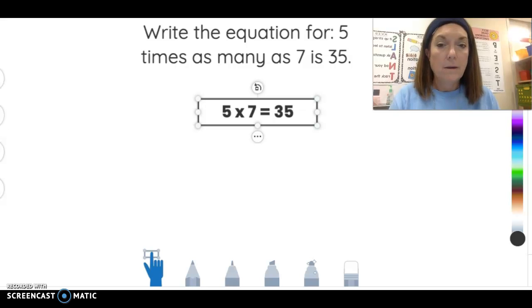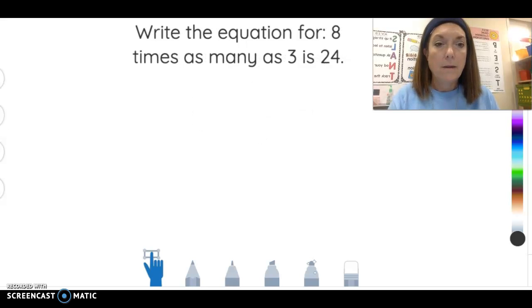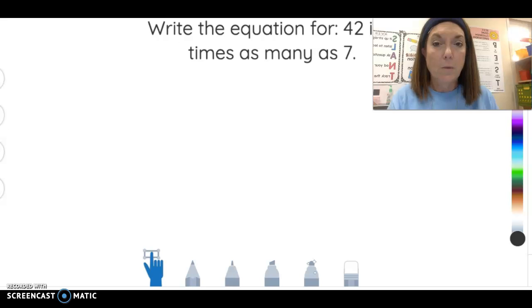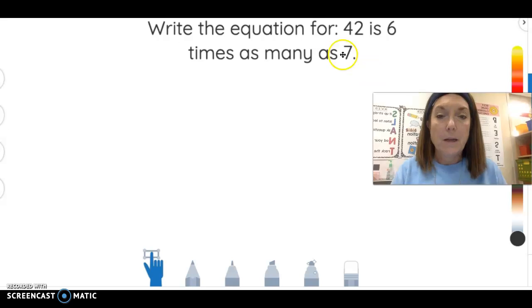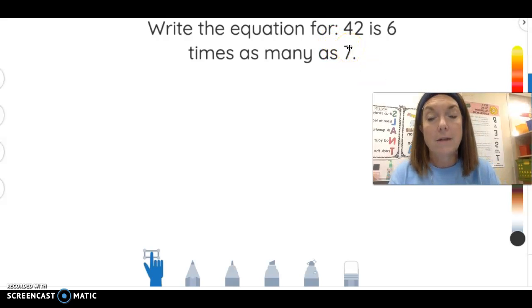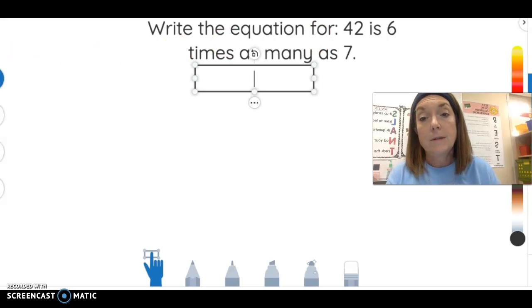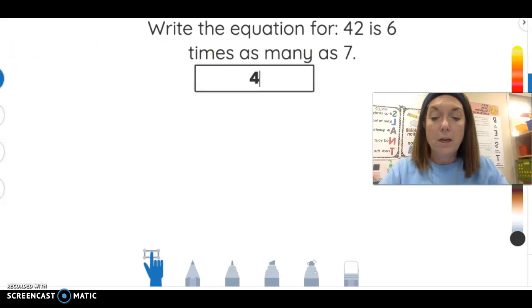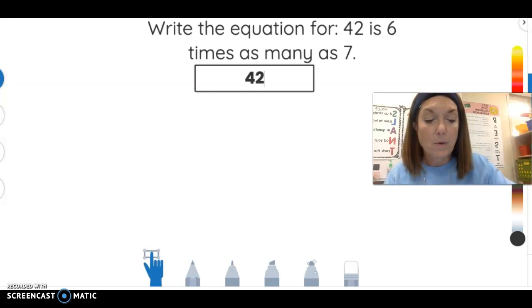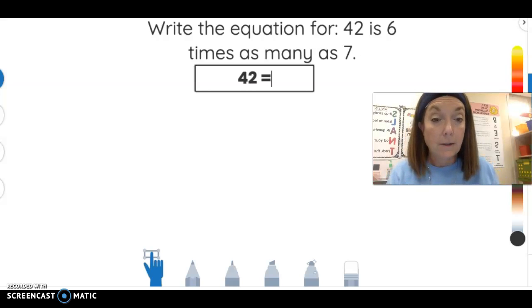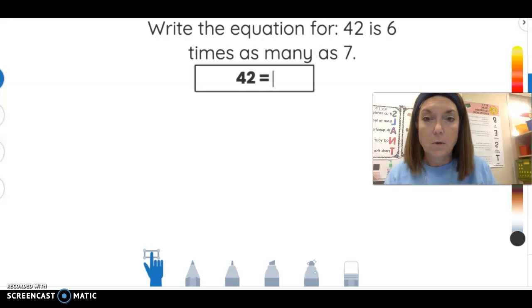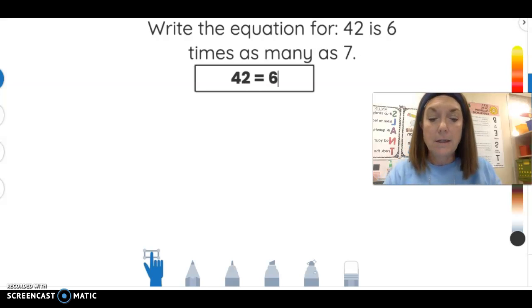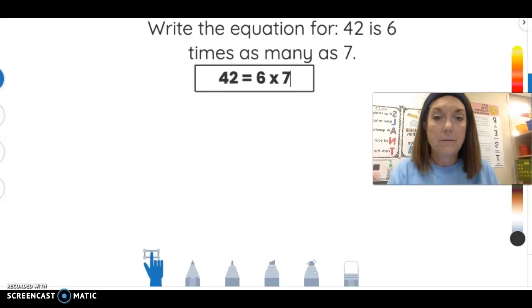Okay? I'm looking for one where we write the equation. Here they wrote the words. It says 42 is 6 times as many as 7. So I'm going to write 42 is, I remember that as equals, and if I didn't, I'd look in my binder. 42 equals 6 times as many as 7.